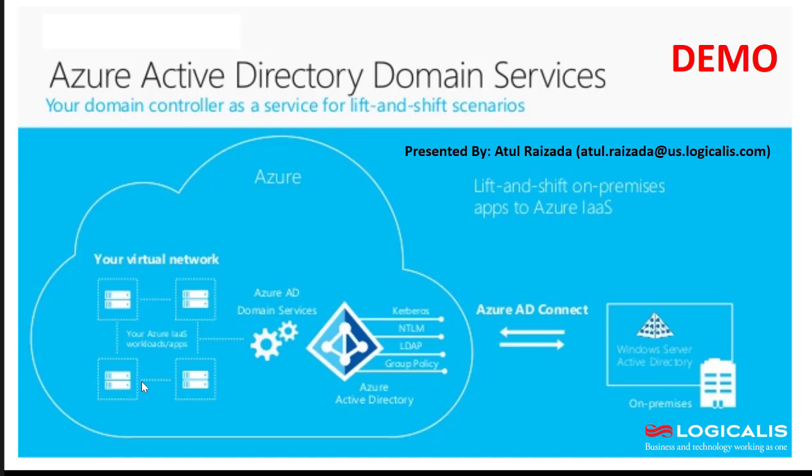That is not the case. As I said, this is limited to the VMs and the applications that you are running in Azure Cloud. They can take advantage of Azure Active Directory Domain Services without installing the domain controller. So that's the flexibility that you get when you start bringing your workloads to Azure, right?